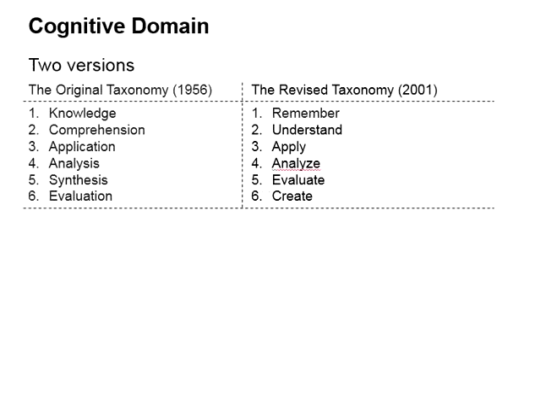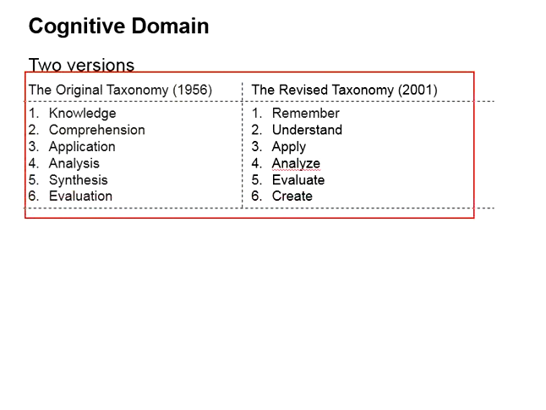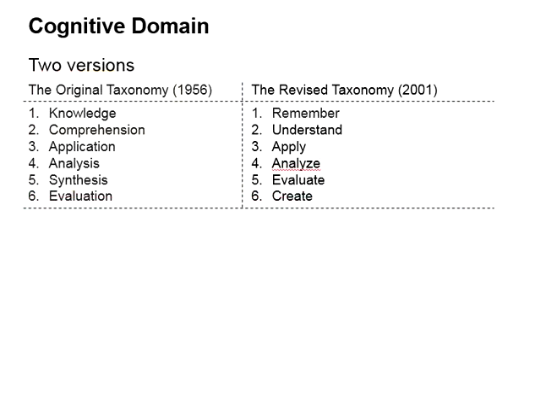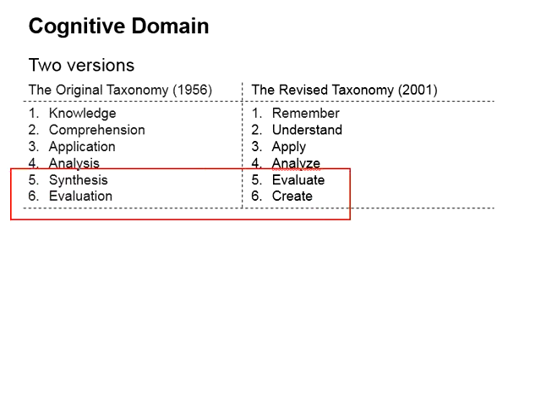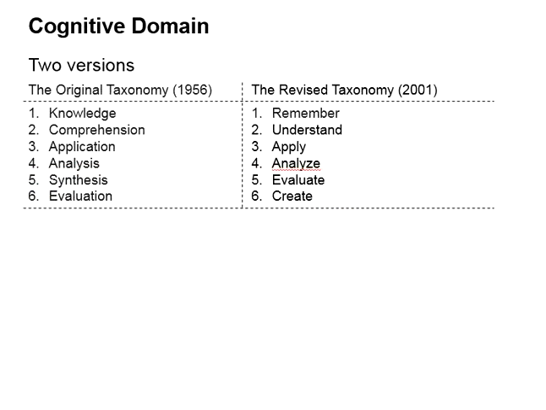In fact, there are 2 versions of Bloom's taxonomy. The original version is in 1956, and then the taxonomy was revised in 2001. The 2 versions here are similar, not much different, except for level 5 and level 6.